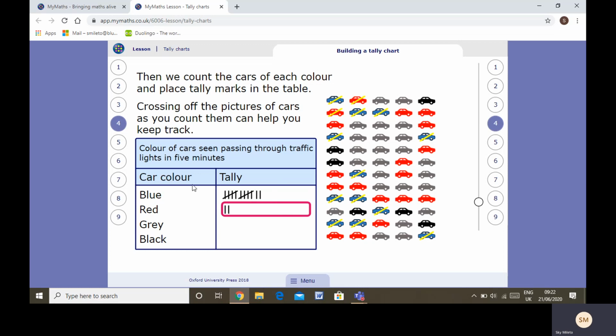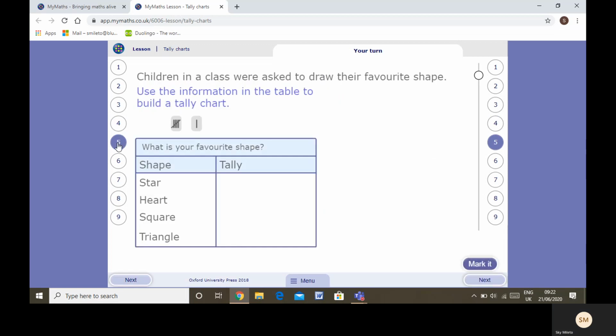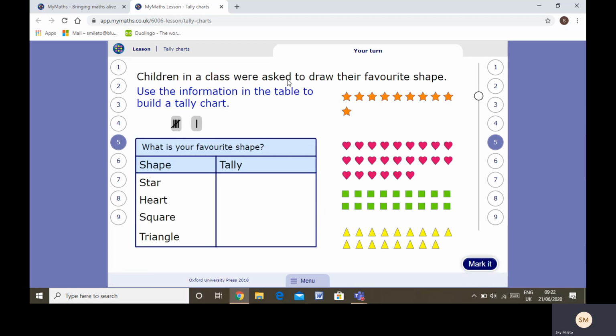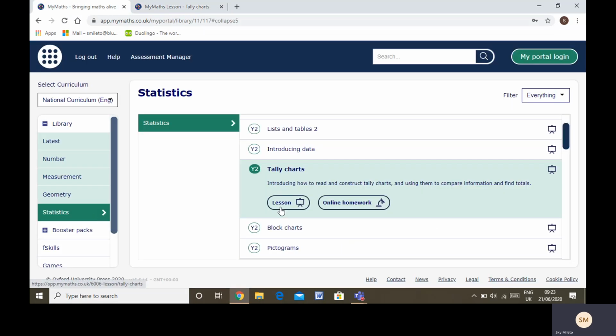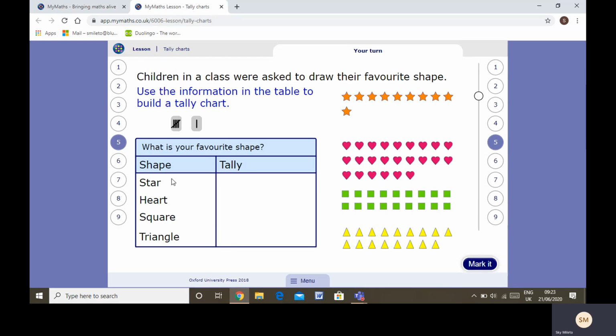Okay, I'm going to skip through this because it takes a long time. So, children in class were asked to draw their favourite shapes. We need to use the tally information to build the tally chart. I'm only going to do one of them, and then if you want to pause the video and do the rest on your own, either on a piece of paper or just counting them, or remember you can log into your own lesson, then please do.